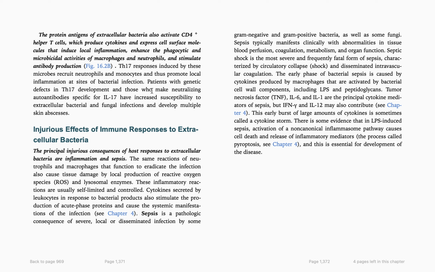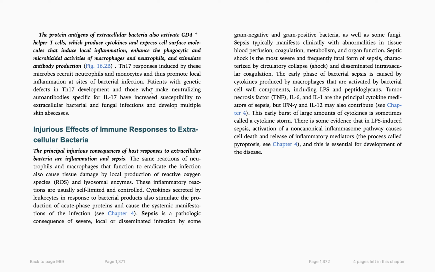Sepsis typically manifests clinically with abnormalities in tissue blood perfusion, coagulation, metabolism, and organ function. Septic shock is the most severe and frequently fatal form of sepsis, characterized by circulatory collapse, shock, and disseminated intravascular coagulation. The early phase of bacterial sepsis is caused by cytokines produced by macrophages that are activated by bacterial cell wall components, including LPS and peptidoglycan.